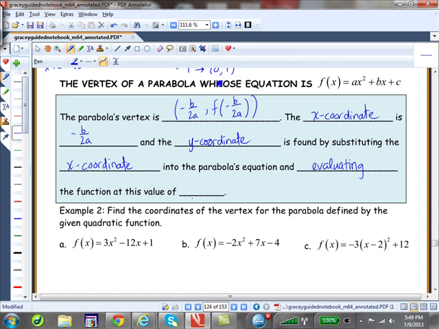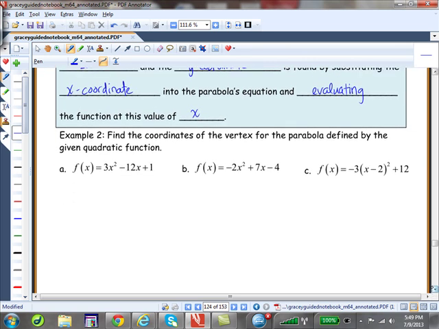Actually, I'll just write this particular value of x. All right. So here we go. Find the coordinates of the vertex. Let's just see what we got. In this one, do you see that a in this format is 3, good.